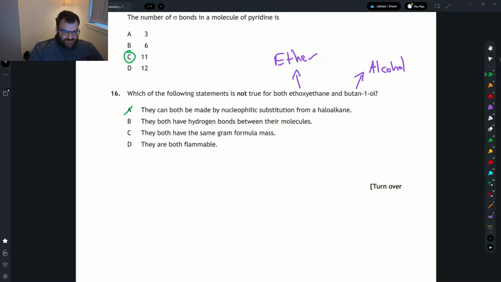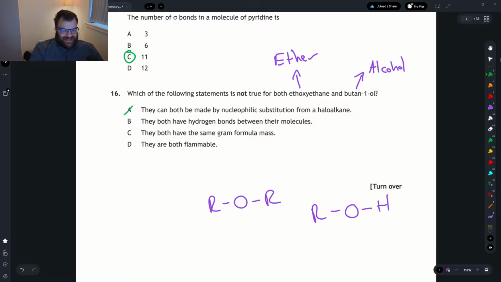For the next one about hydrogen bonds, for them to have hydrogen bonds between themselves, they would have to have an OH. So to answer question B, we're thinking back to Higher when we talked about the fact that you need a hydrogen bonded to an O, F or N to have hydrogen bonds between their molecules. And ethers do not have that. Therefore, ethers cannot form hydrogen bonds between their molecules.